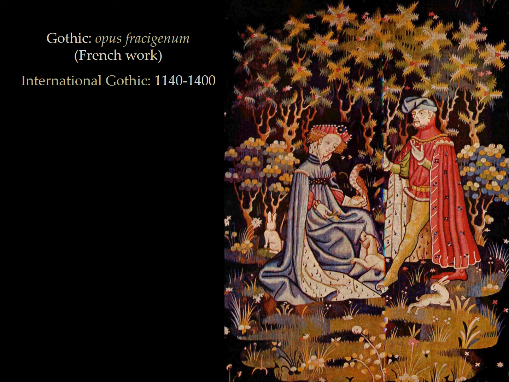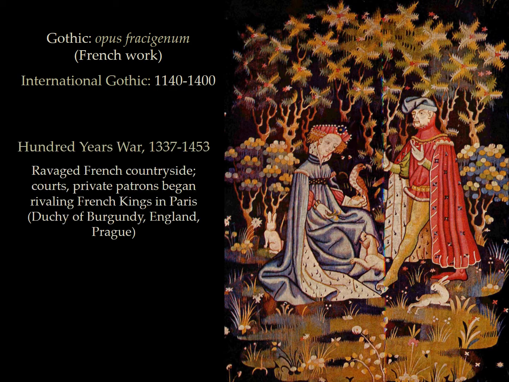In actuality, the Gothic style was more properly known as opus Francigenum, that being French work, and this international Gothic style, which would last from 1140 until 1400, reflects the ideals of the court seen in France and espoused by the French monarchy.